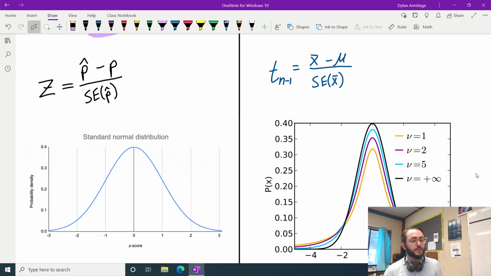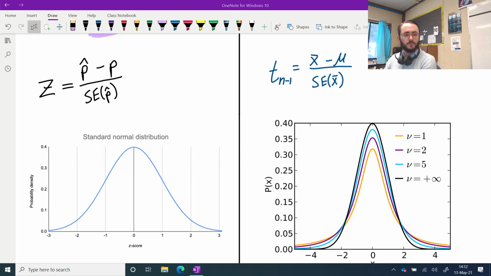Looking at these two different distributions, we can see sort of what the difference is. Over here, our standard normal distribution, okay, our z-score, is what we're used to. Right? We have one standard deviation, two standard deviations, three standard deviations, right? The z values of that amount.